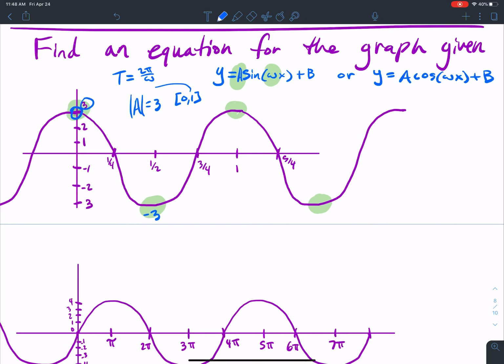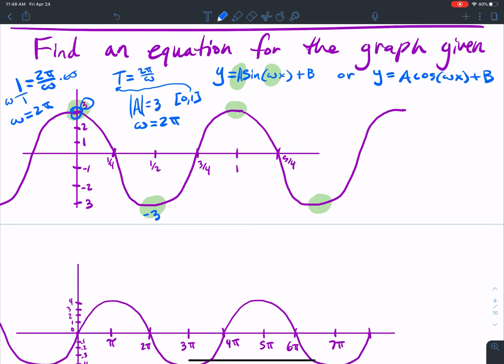This period is 1, so how do I solve for omega? Well, I take 1 equals 2 pi over omega and solve for omega. Multiply both sides by omega, and I get omega equals 2 pi. So omega here is 2 pi.